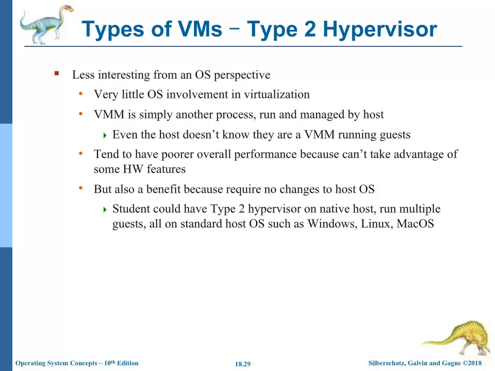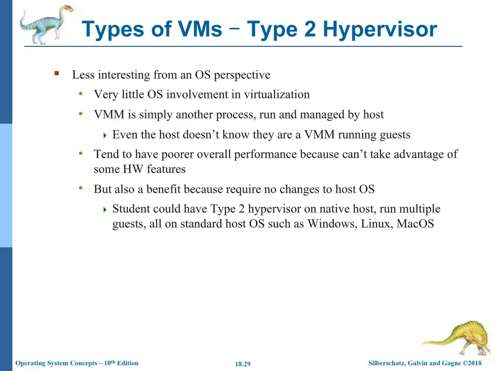A Type 2 hypervisor runs inside of an operating system of a physical host machine. This is why we call Type 2 hypervisors hosted hypervisors, as opposed to Type 1 hypervisors that run directly on the hardware. Hosted hypervisors have one software layer underneath.